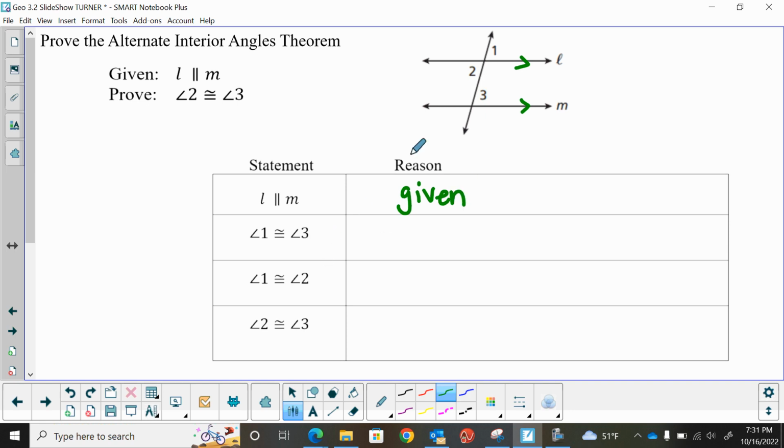Next statement is that angle 1 is congruent to angle 3. Okay, so if you look at our diagram, notice angle 1 and 3, those are corresponding angles. And why are corresponding angles congruent? Well, that's because of the corresponding angles postulate.